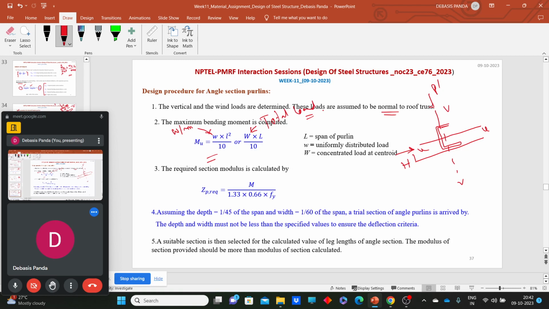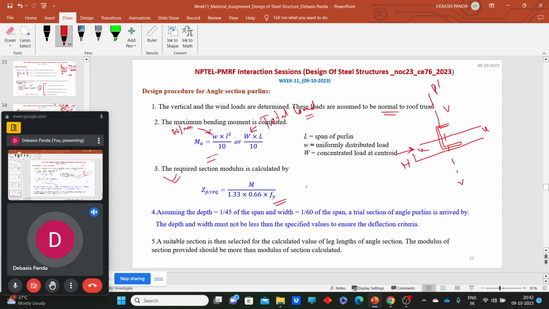So here, what is the basic change? For here, we can see that the moment is entirely considered about the UU axis of the purlin, or the ZZ axis of the member. Now the required modulus we need to calculate using this formula.